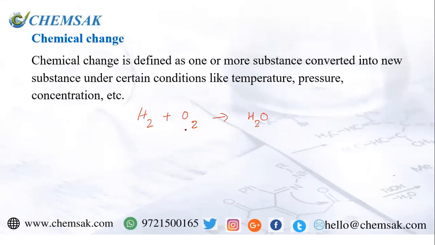This chemical change you can represent as a chemical equation. So first thing is the chemical change and another thing is the chemical equation. Chemical equation means representation of chemical change in terms of symbols and the formulas involved.